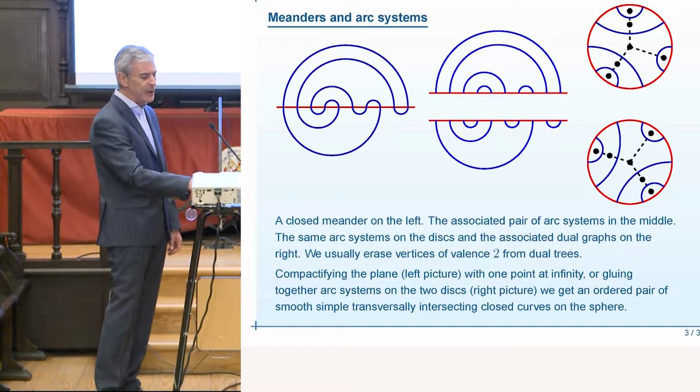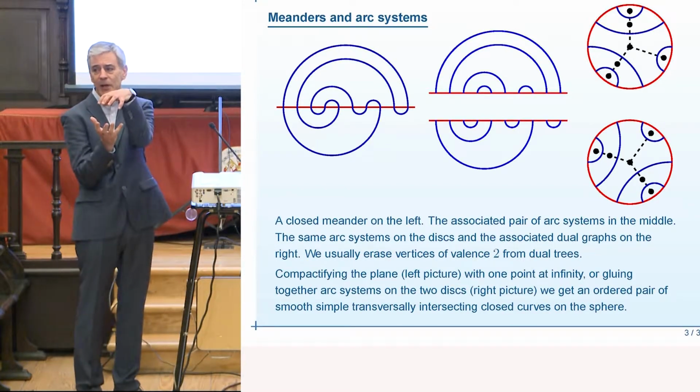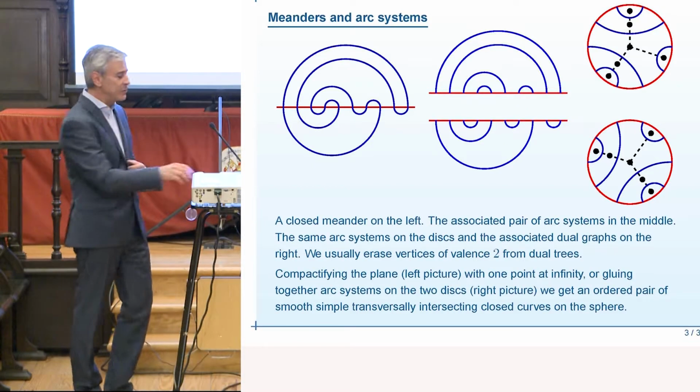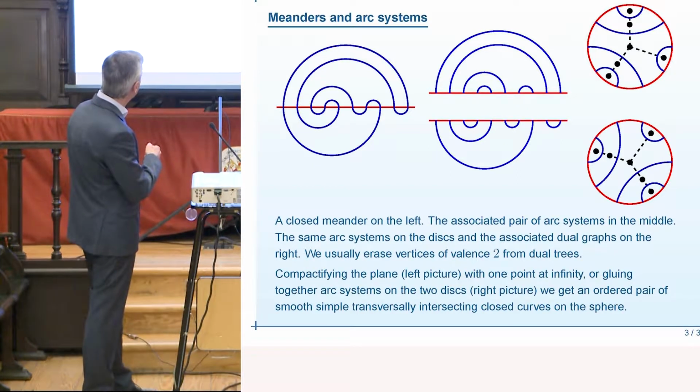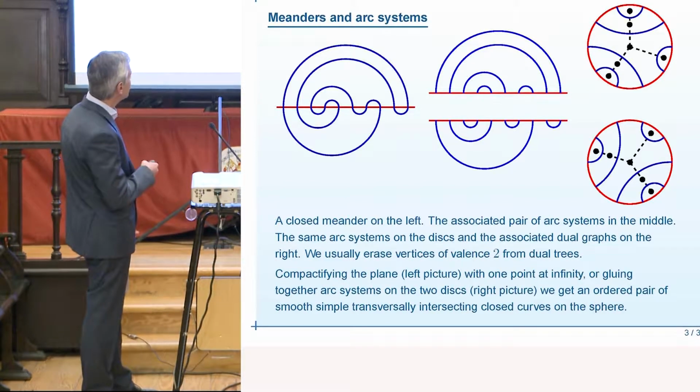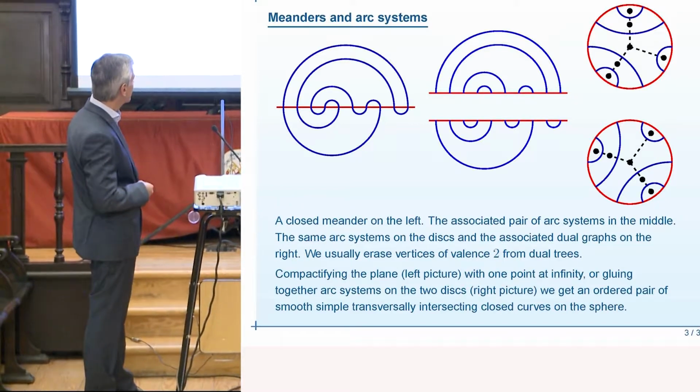So from a plane you get two hemispheres. The red line becomes a closed line, the equator, and you get two arc systems. This collection of arcs becomes an arc system on the northern hemisphere, and this collection of arcs becomes an arc system on the southern hemisphere.